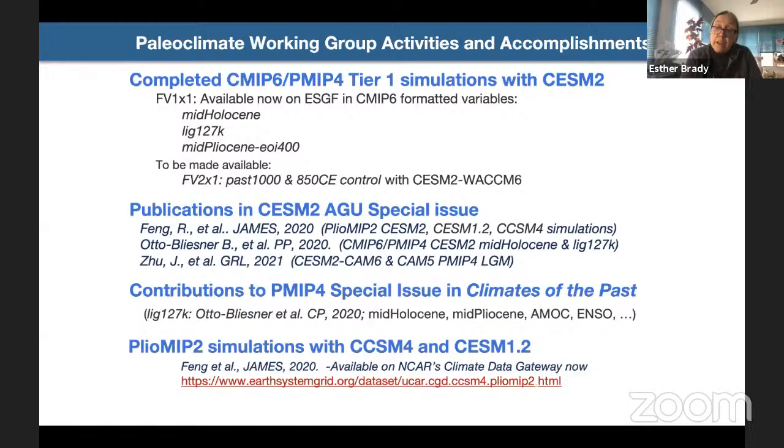And then there are other model intercomparison papers as well with our simulations involved. And then lastly, I just want to let you know that the PlioMIP2 simulation run with the CESM2, and the PlioMIP2 simulation run with the earlier versions of the CESM, are also available at this website here.